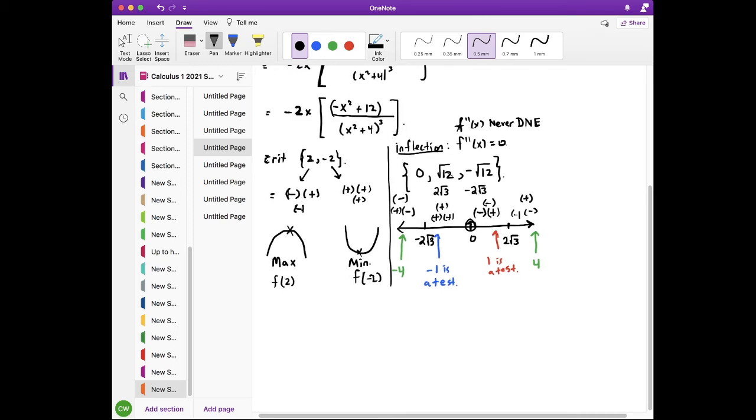So really, the question is, is any of them not an inflection point? Yeah, they're all inflection points. And again, the reason is because the concavity always changes.